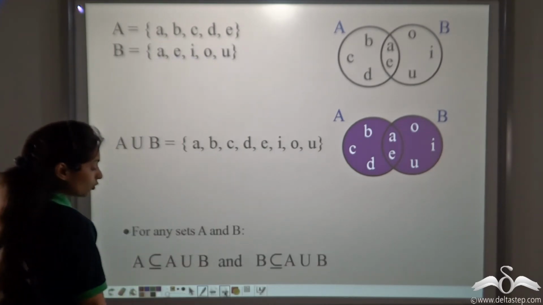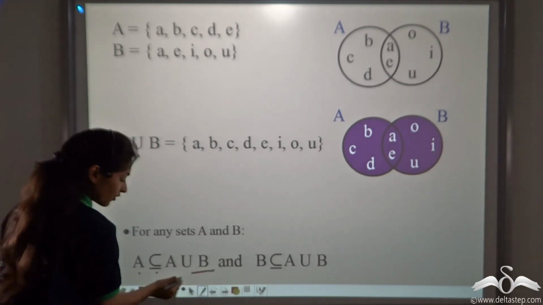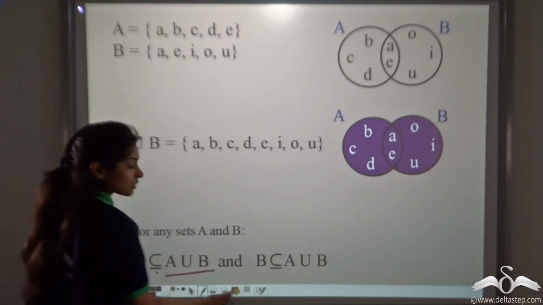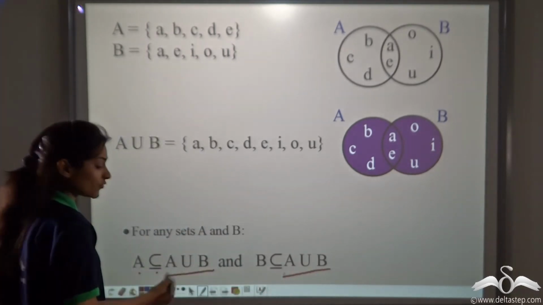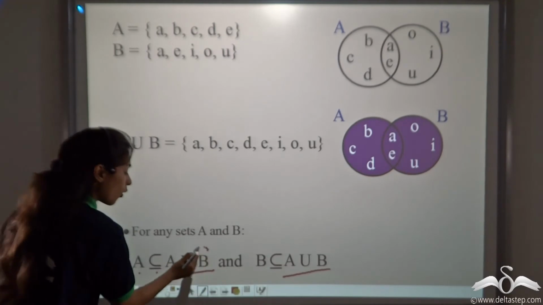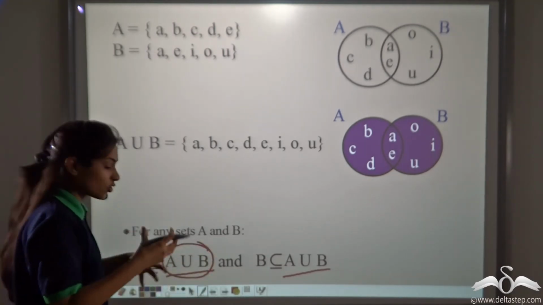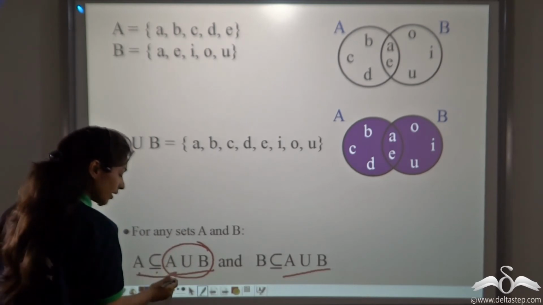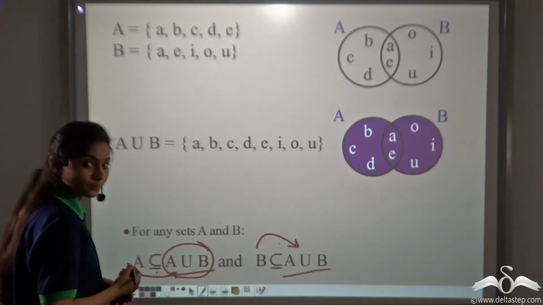So we can conclude that for any sets A and B, A will be the subset of A union B and B will be the subset of A union B. Both of them will be the subsets of A union B. As how we are getting A union B? We are getting them by the merger of A and B. So A has to be there in A union B and B has to be there in A union B.